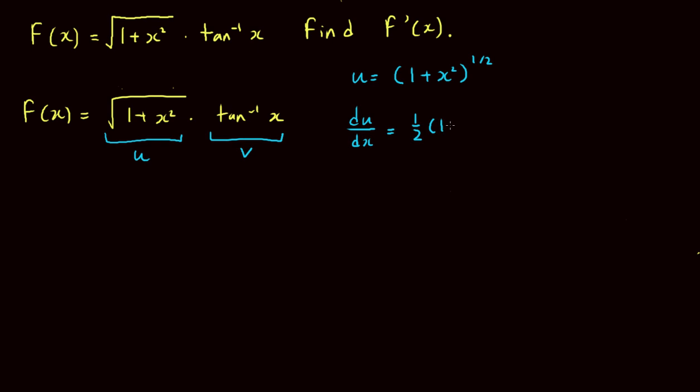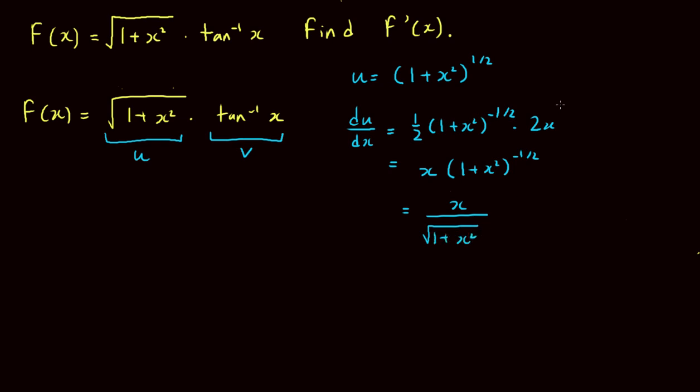It becomes 1 plus x squared to the power of negative half, multiplied by 2x. Therefore we're left with x over the square root of 1 plus x squared.